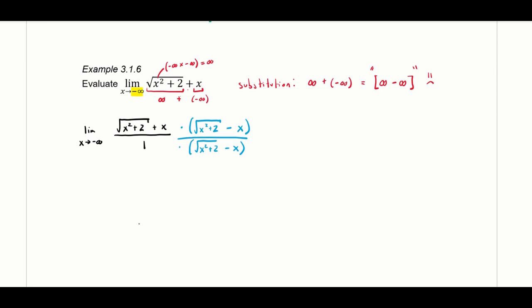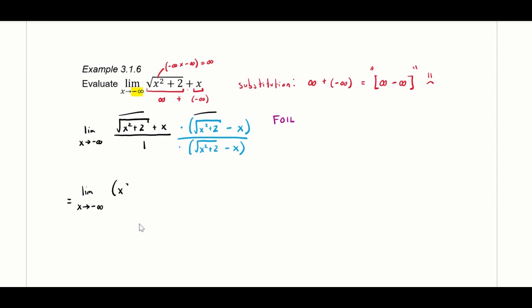And now, just like we did way back in the 2.2 notes, I'm going to go ahead and FOIL my numerator to get rid of that square root term and see what I'm left with. I'm just going to do that in the next line here because it's going to be a little long. The limit as x goes to negative infinity of, if I FOIL this numerator, first terms, that square root is going to cancel out.